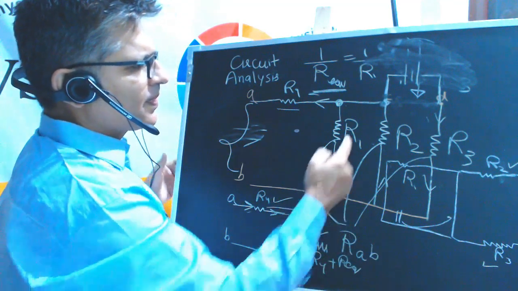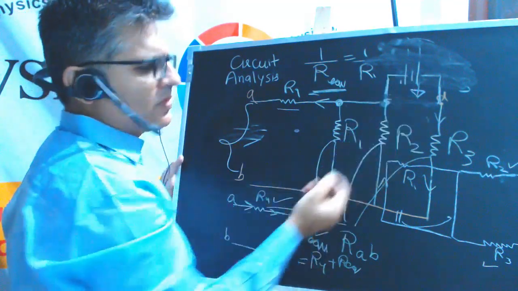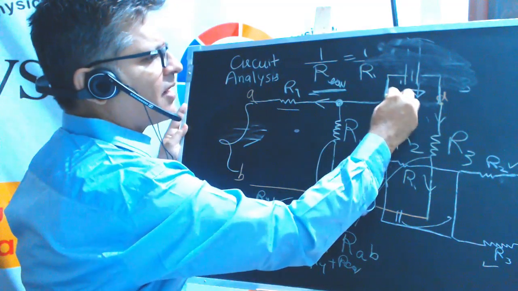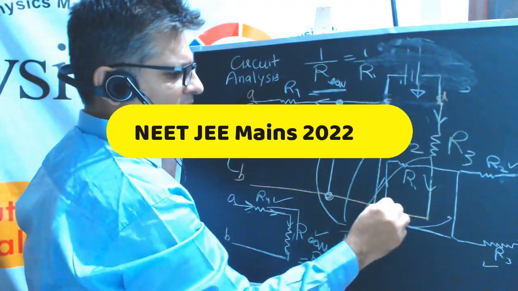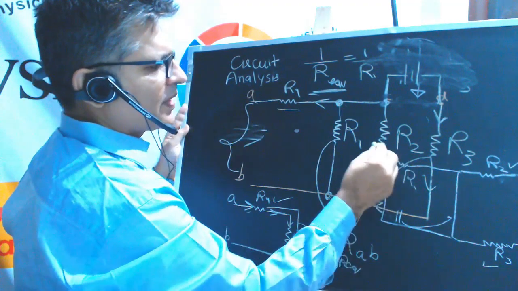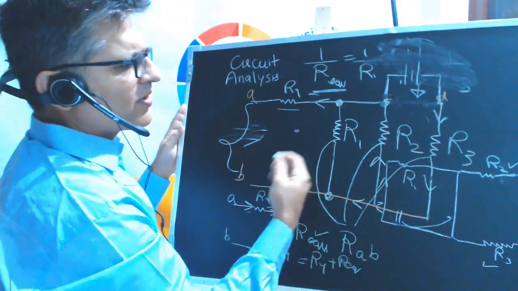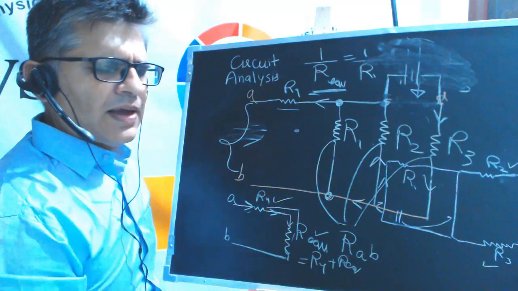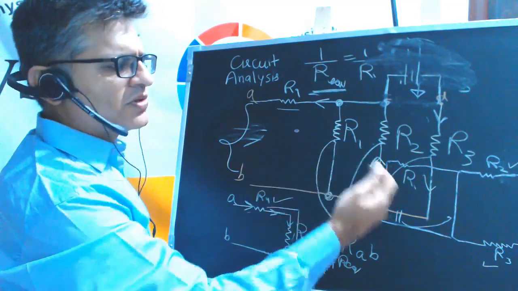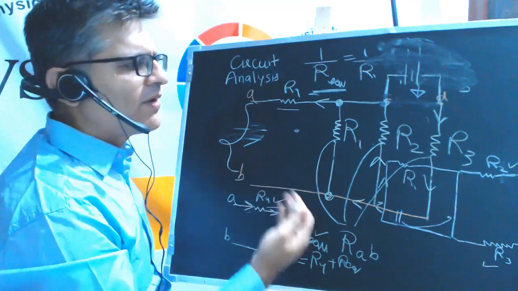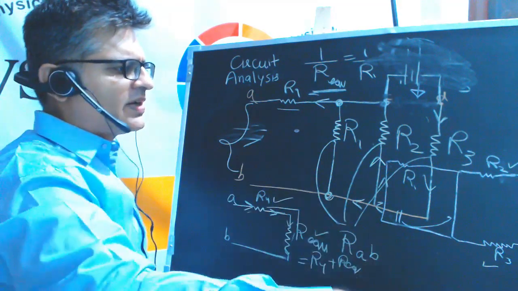So you can redraw the circuit and say the current which is coming in from this side gets split here and here. So you can redraw this circuit and apply general Kirchhoff's current law and voltage law. Although this is not a very complicated circuit, you don't have to apply that. You can solve it with relative ease also.